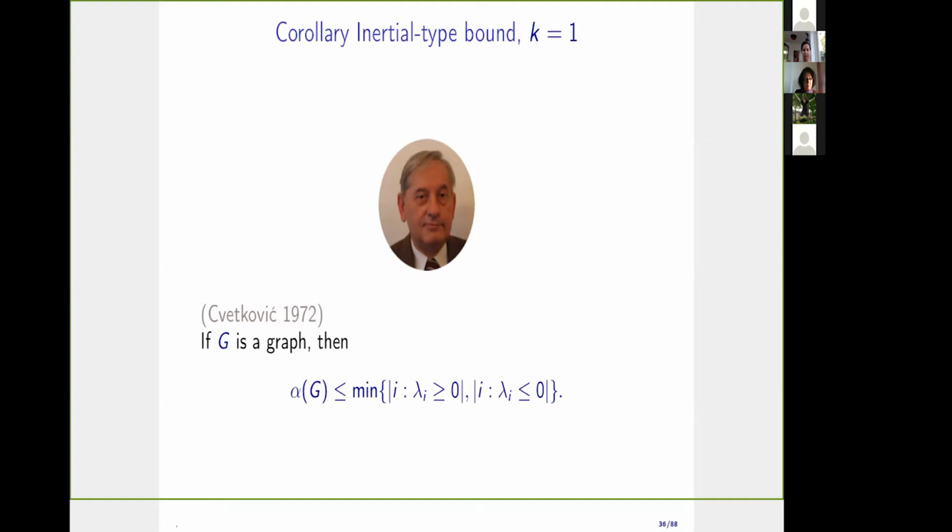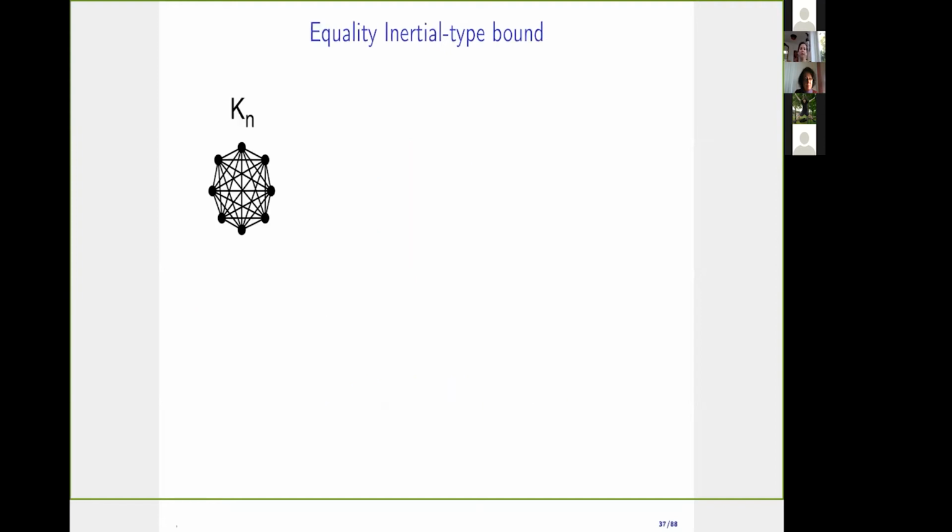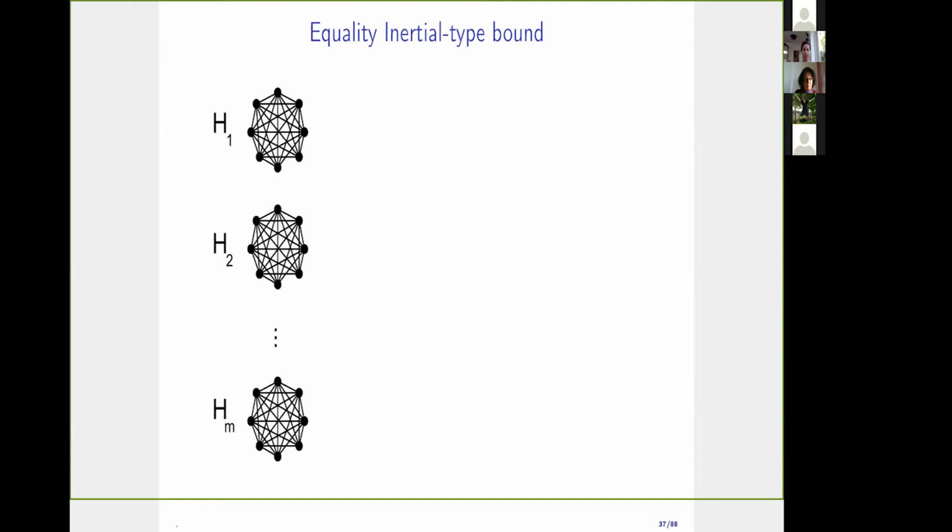Okay? So the next thing we wanted to see is if we could provide an infinite family for this inertia-type bound. And actually, we managed. It was a bit of work, actually. So you start with a complete graph, and you remove an edge of the complete graph. We call this graph H. And then we make m copies of this graph, complete graphs minus one edge. We enumerate the vertices of the edge we just removed.